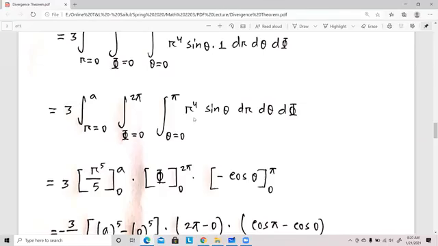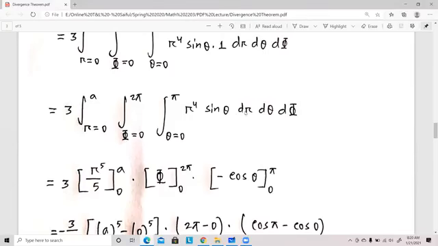So r to the power 5 by 5, since the function is r to the power 4, so if we integrate with respect to dr, it will be r to the power 5 by 5. Good. And if we do with respect to d phi, respect করলে কি হবে? Phi.